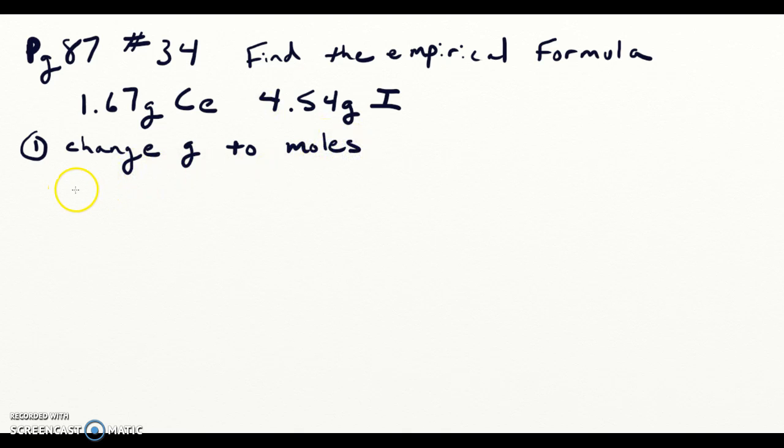Alright, so here we go. Let's do cerium first. For cerium, it should be 1.67 grams of cerium, and I'm going to put that over 1. I'm going to change it to moles, and if you use the periodic table, you'll find that cerium has a mass of 140.1 grams per mole.